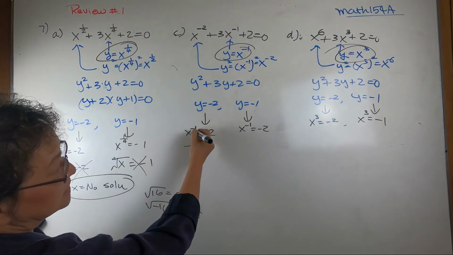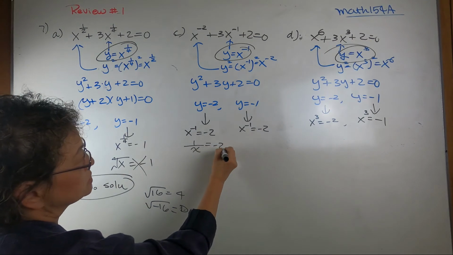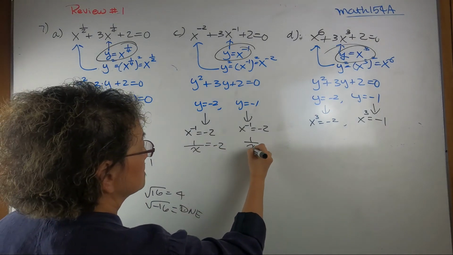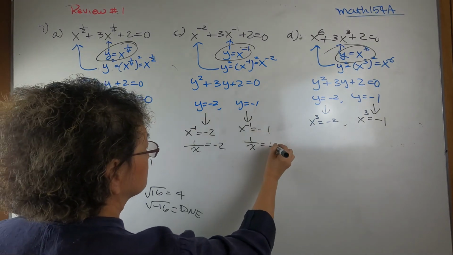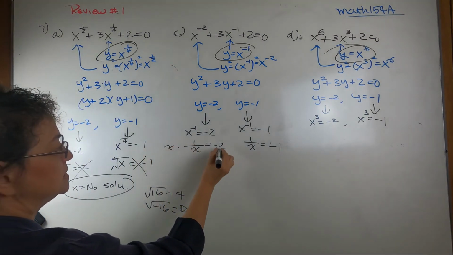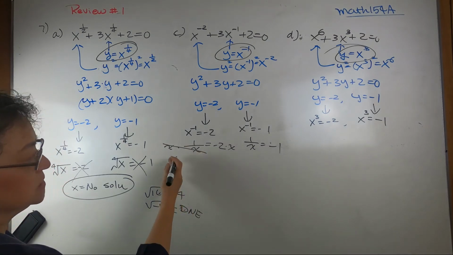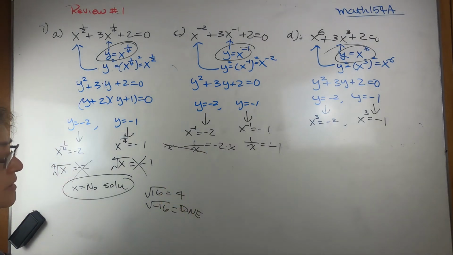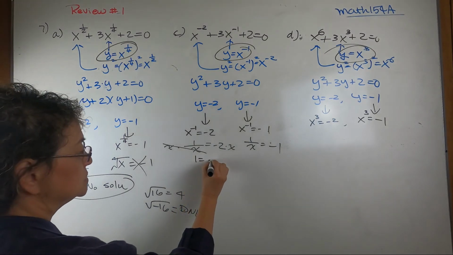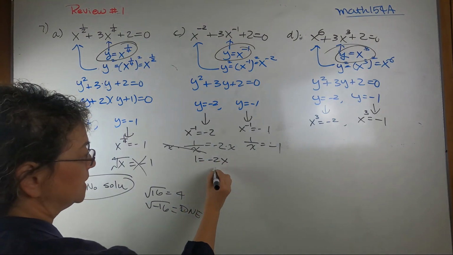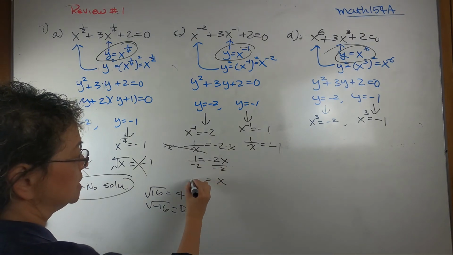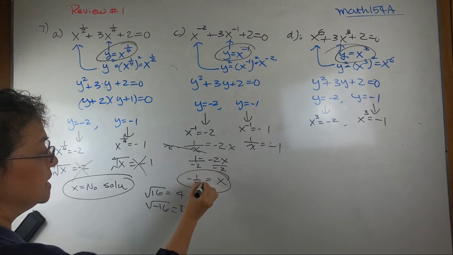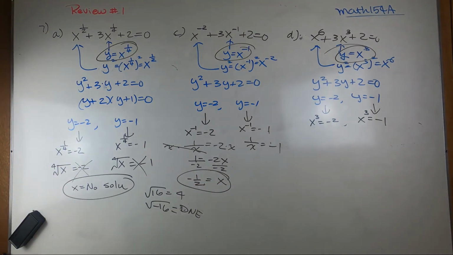So -1 power means a reciprocal. Then you multiply by x this way, so you get rid of the fraction. So 1 equals -2x, divided by -2, right? So x is what? -1/2. That's one of your answers, right?